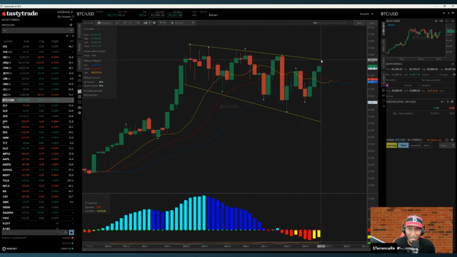When Bitcoin comes out of this range, you look up here, I do think it's going to go crazy. It's just my opinion, and I'm not saying that because I'm a Bitcoin guy or anything like that. Show me this chart on any ticker symbol, and I'd say the same thing.